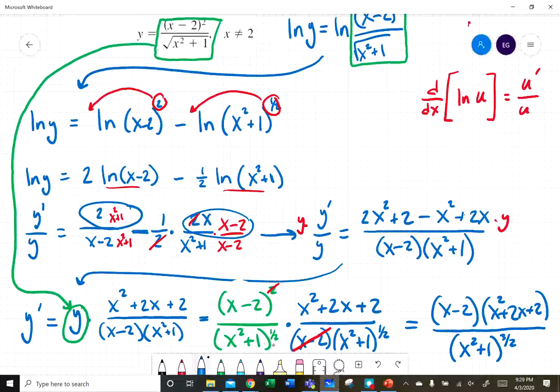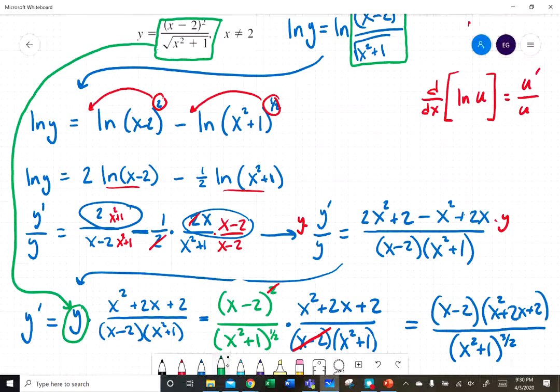We have a 1/2 power from the expression of y, and we have the x squared plus 1.